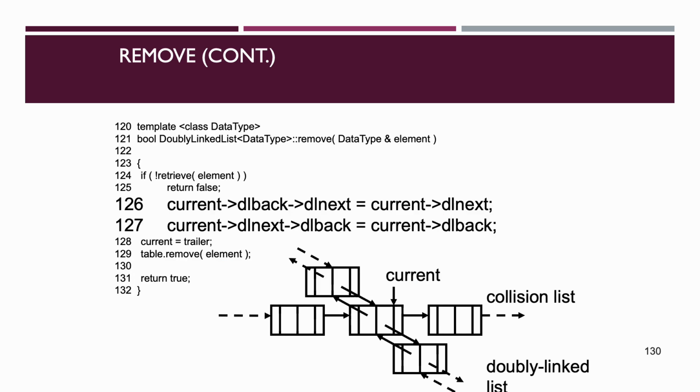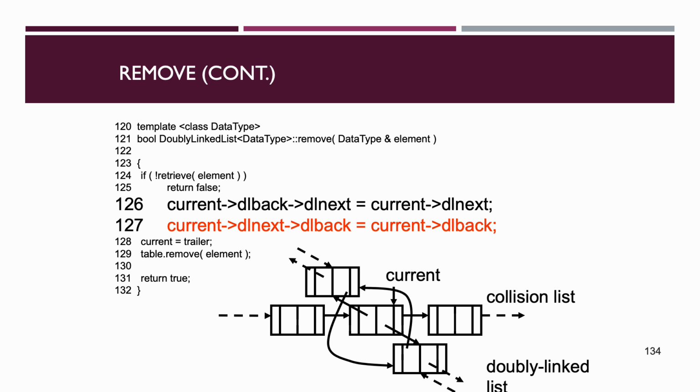Okay, now we'll do a demo of remove also, how it works for these two lines. First, start with line 126, where it is saying current pointing to DL back, DL next equal to current pointing to DL next. So that means first current is pointing to the doubly linked list next, then it is pointing back.